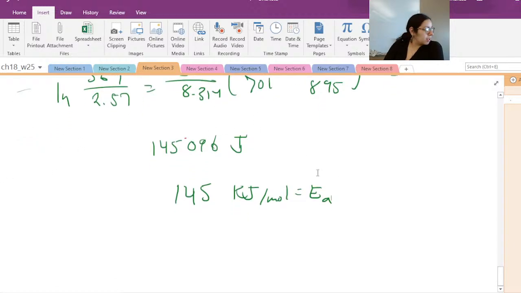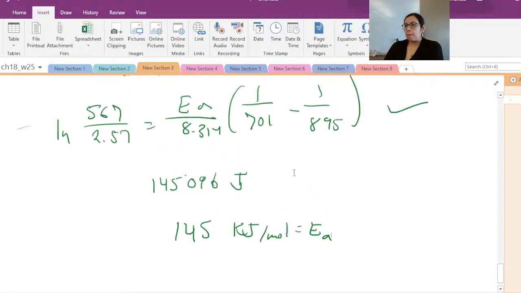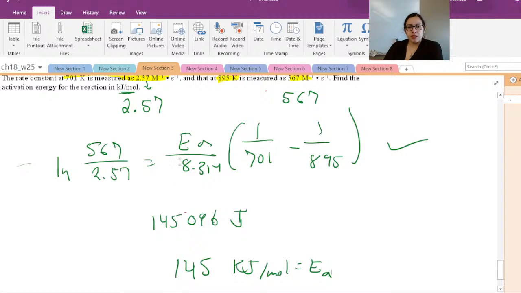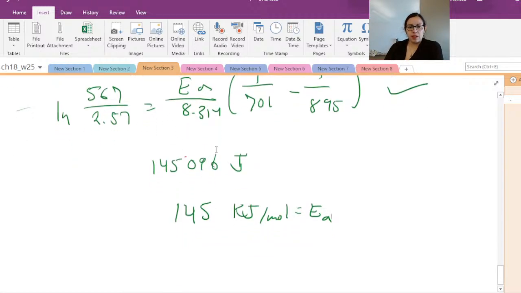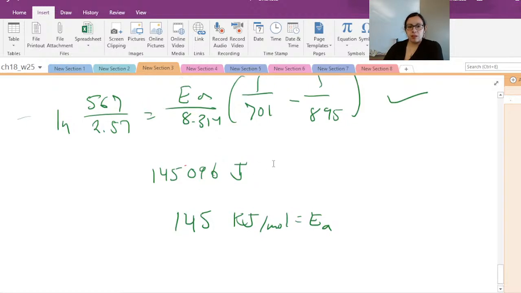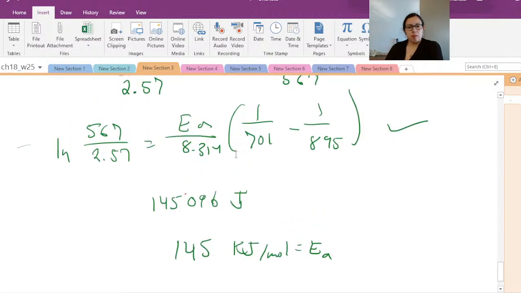So yeah, that's pretty typical for those problems. So how did you get to the 145? Oh, just the algebra. Did you get the 145,000 joules here? I haven't continued on to that step. I was at the EA over 8.315.